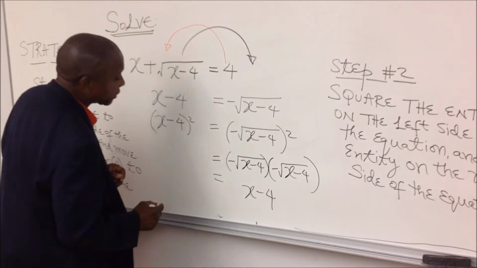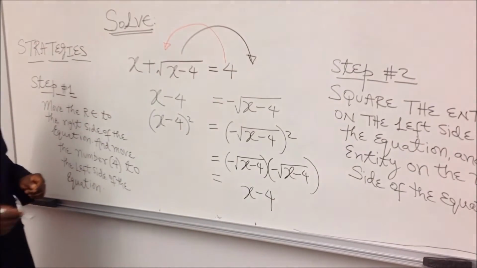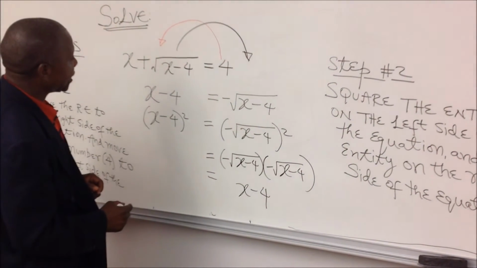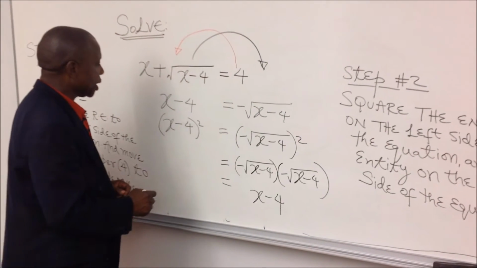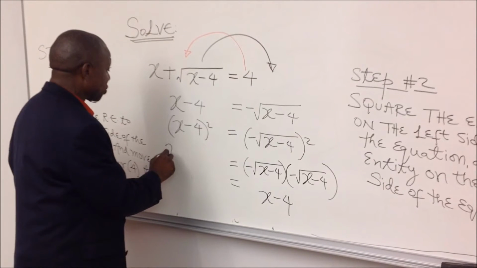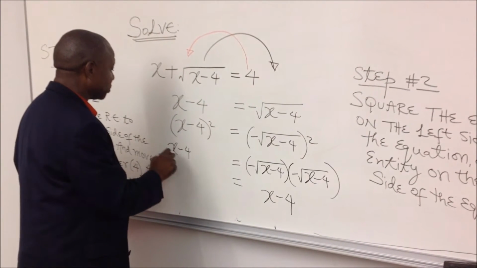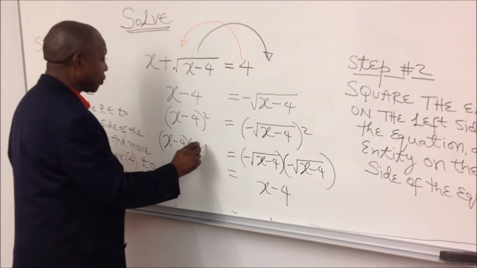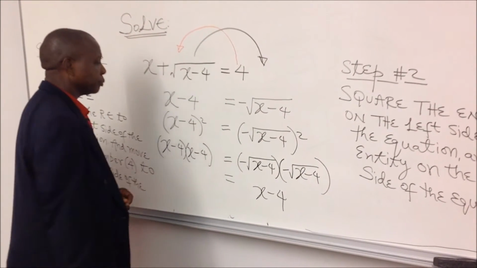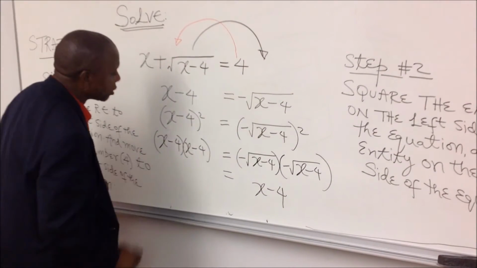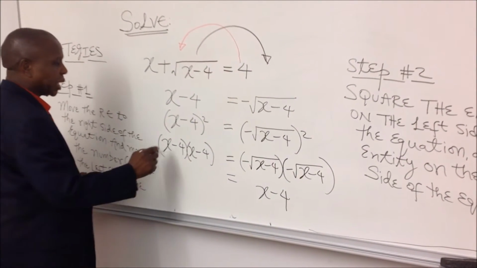On the left side, what do we do with the left side? Well, note that if we have x minus 4 all squared, this is the same thing as what? X minus 4 times x minus 4. And using the so-called FOIL method, that will be what?